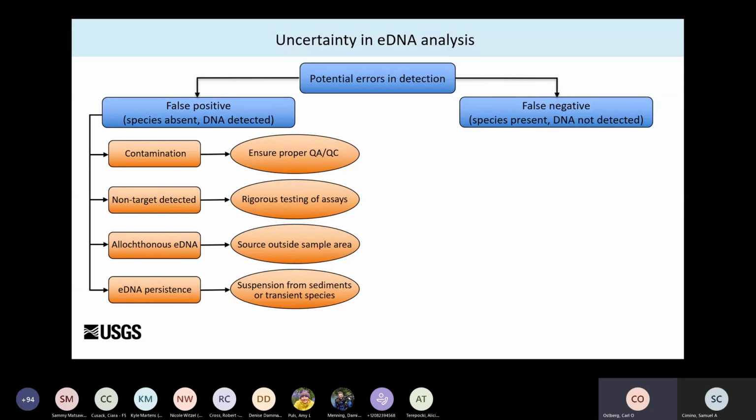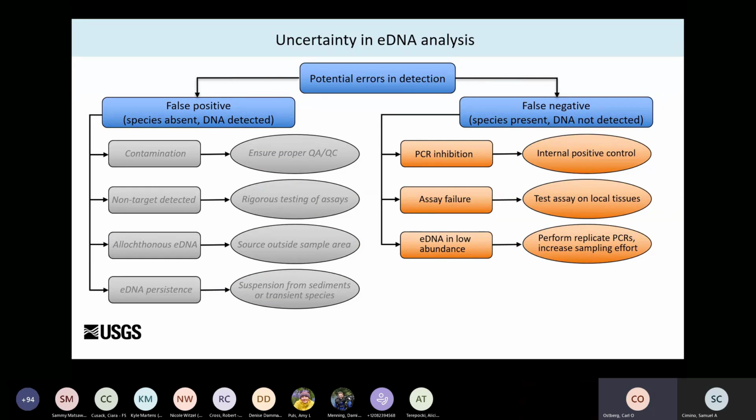So this is why it's important to avoid stirring up the sediments when you're sampling eDNA. And if your target species is passing through your sample area, just being transient, maybe temporal sampling could be helpful for this also.